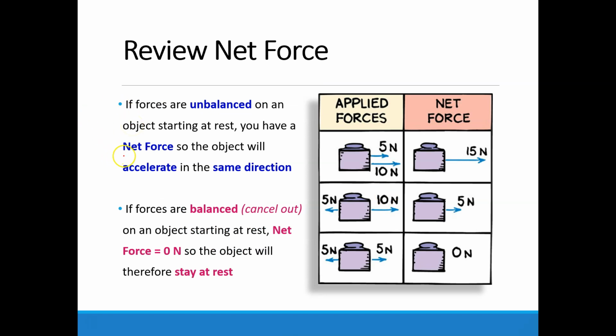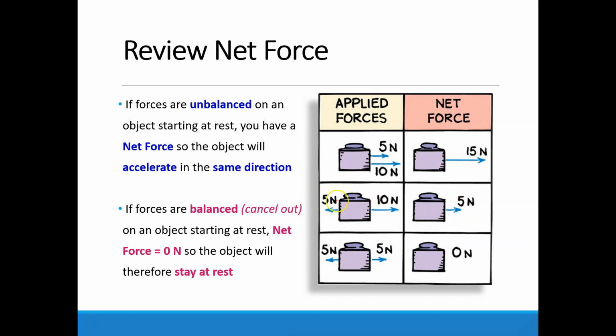When forces are unbalanced on an object starting at rest, the net force is going to cause the object to accelerate in the same direction. So you can see here, if we have 2 forces moving to the right, they combine to make an even bigger force moving to the right, and so the object accelerates to the right.